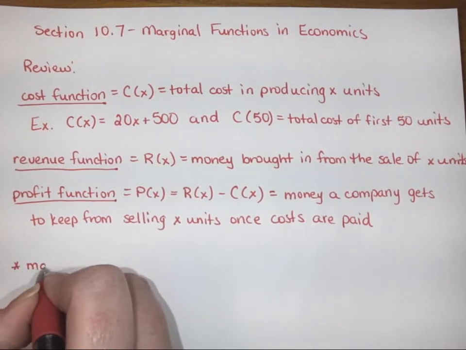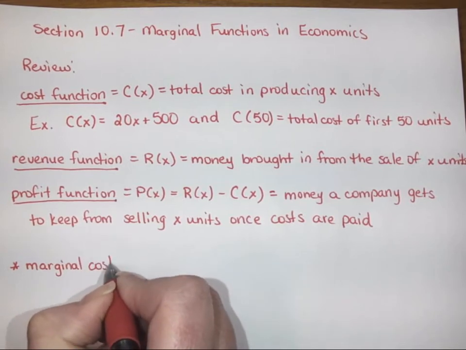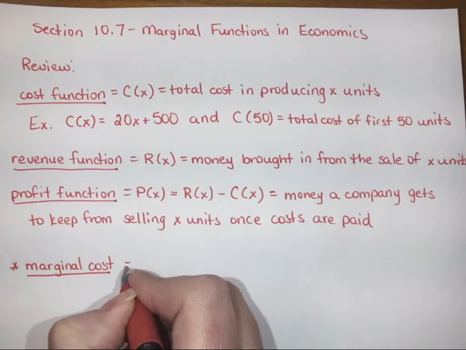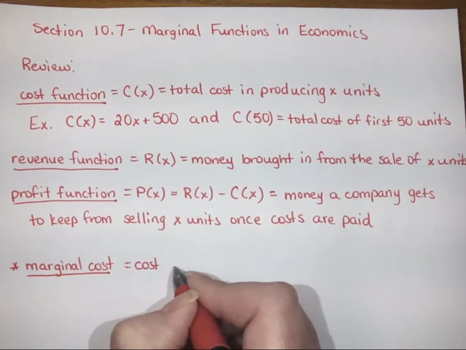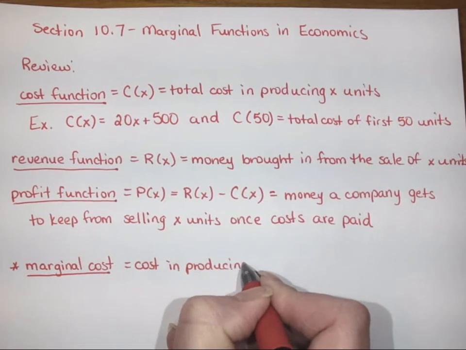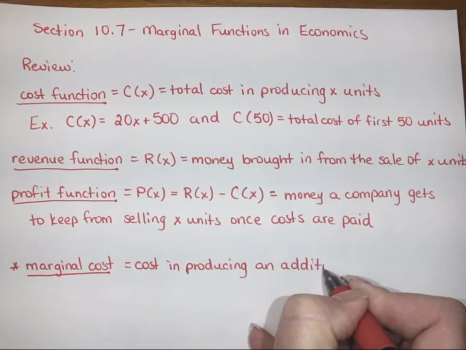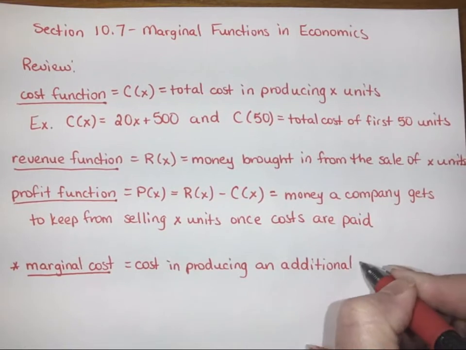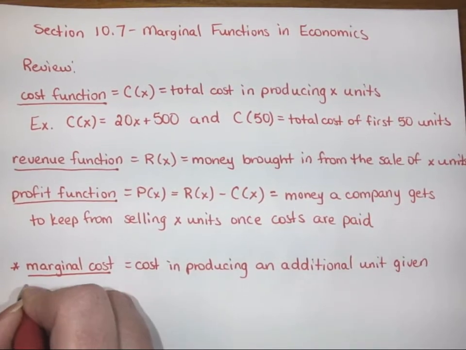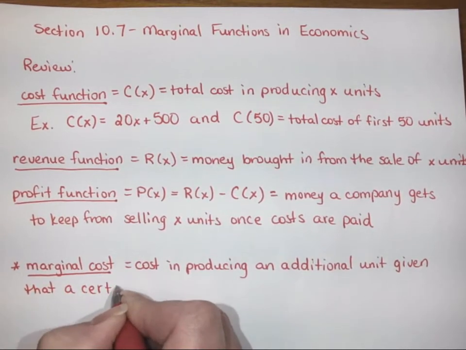So what we're going to discuss that involves calculus is some other versions of cost. The first being the marginal cost. So the marginal cost is the cost in producing an additional unit given that a certain amount of units has already been produced.